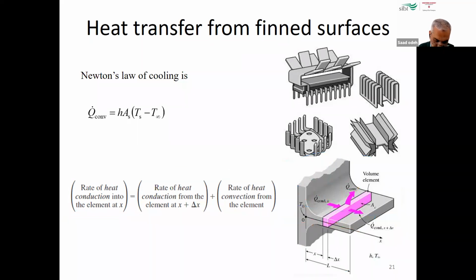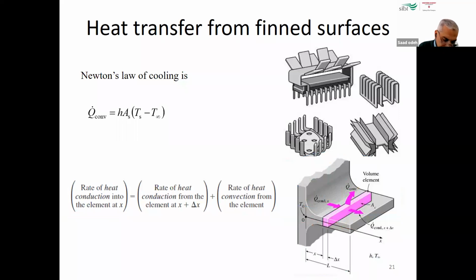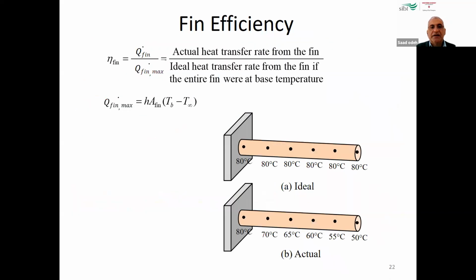Now if I use this principle, I can apply Newton's law of cooling. And you know the law now, it's hA delta T: h times the surface area times Ts minus T infinity, where T infinity is the surrounding air temperature. Again, what we need to find is Q dot, the actual heat loss from the system.